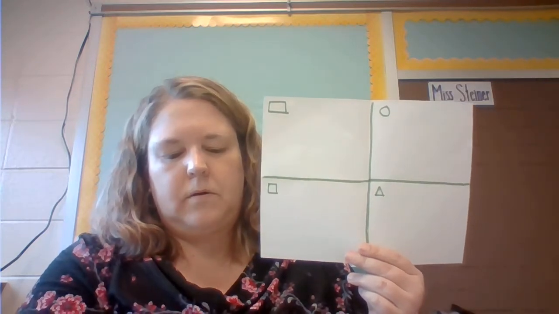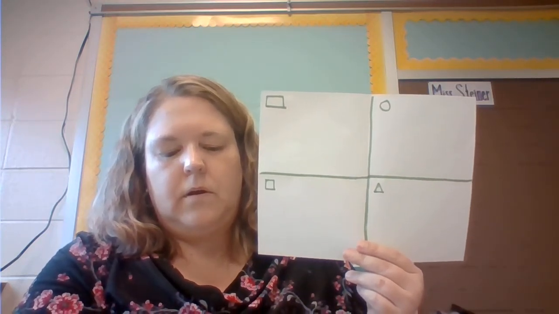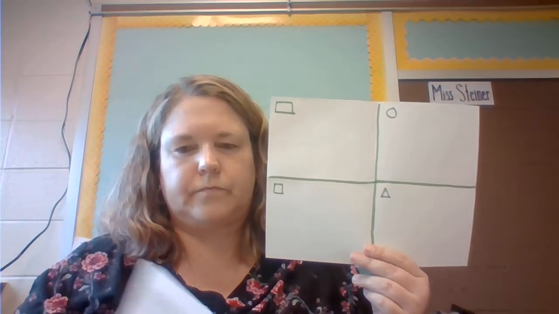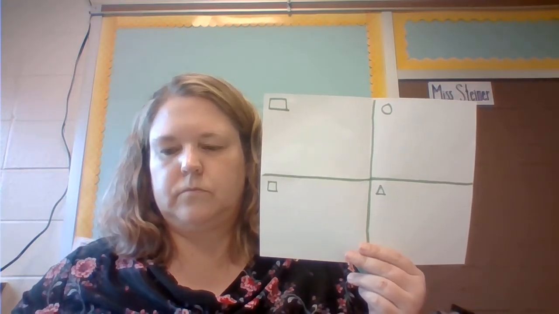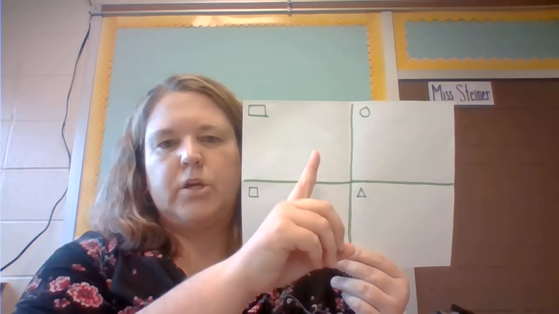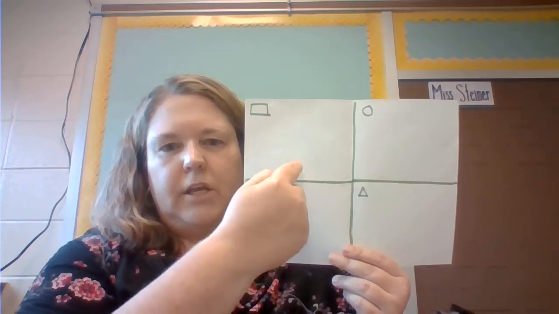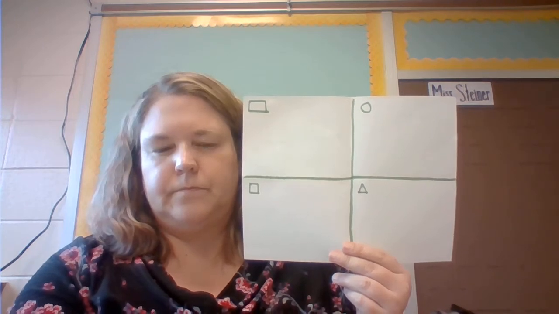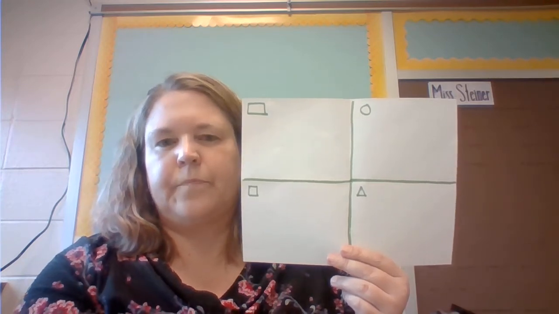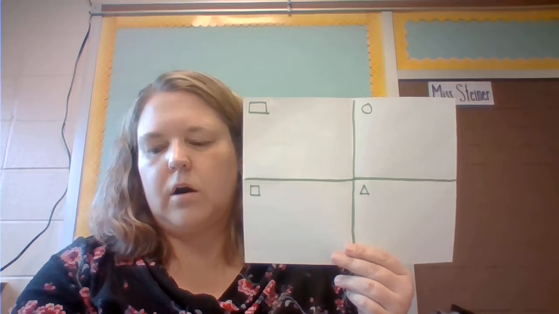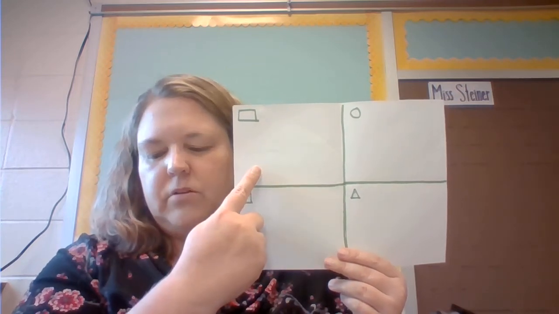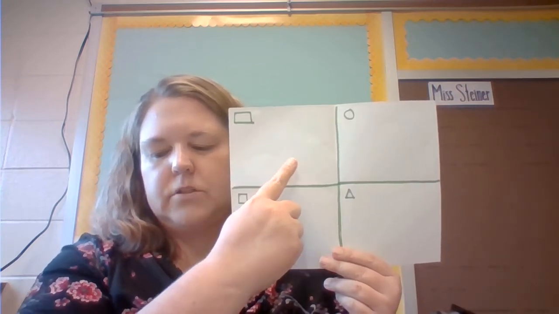Y. The next one is F. F. G. G. R. R. So in the rectangle, you should have written Y, F, G, R.